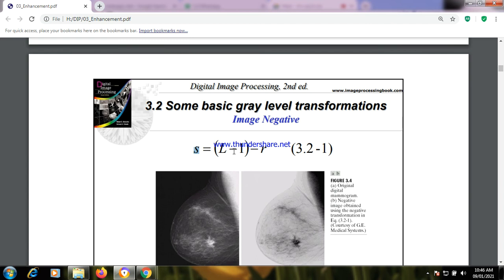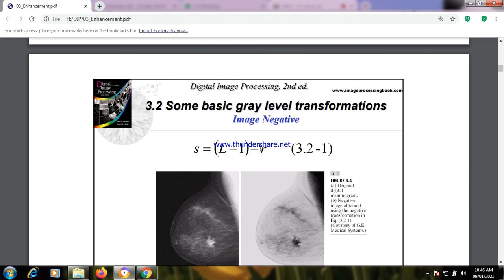Now, say your input gray level is 0. What we observed is, if it is 0, it has to be converted to 255. So this formula we can use here. If it is 0, it has to be made 255.